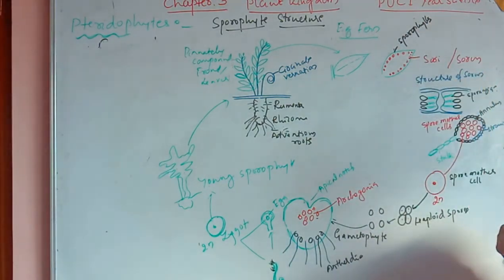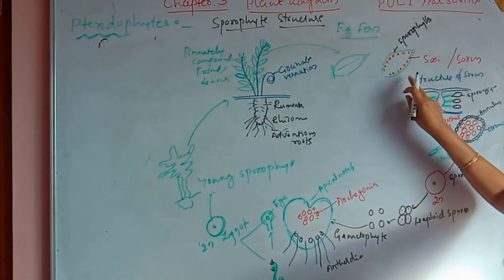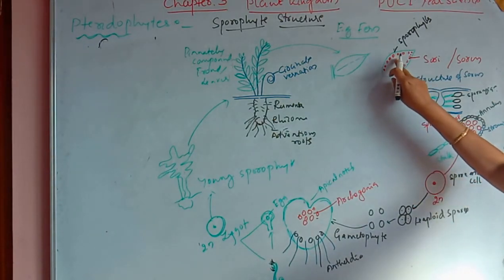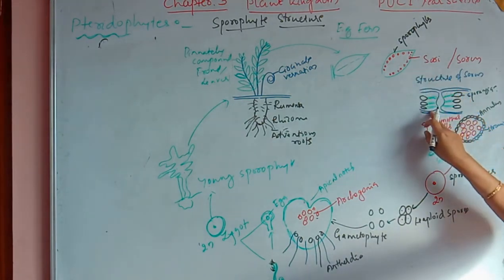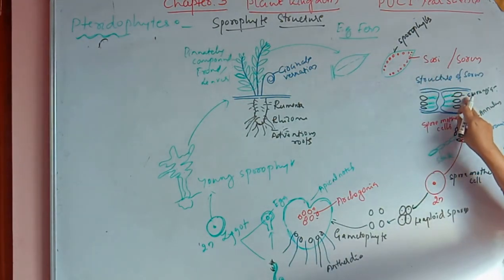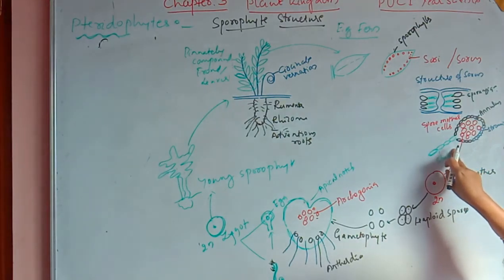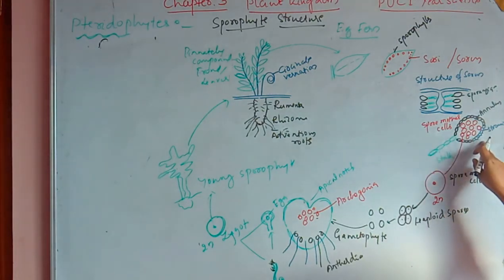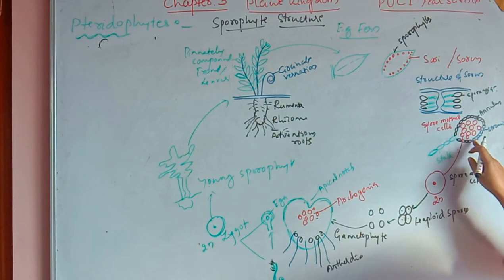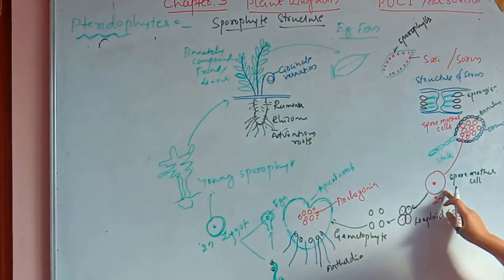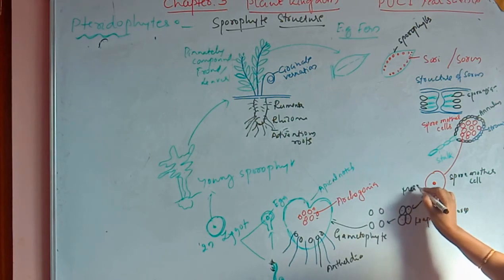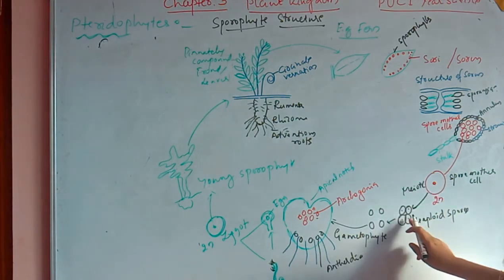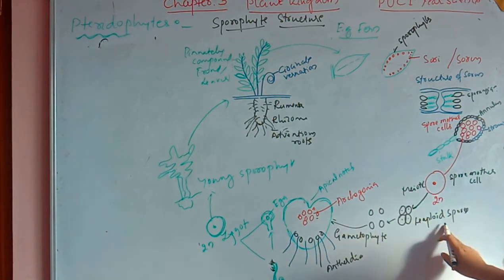On the lower surface of the leaves, the brown or reddish brown structures are called the sori. Within the sori, sporangia are present. This is the structure of a single sporangium. The sporangium has spore mother cells. When the spore mother cell undergoes meiotic division, it produces 4 haploid spores.